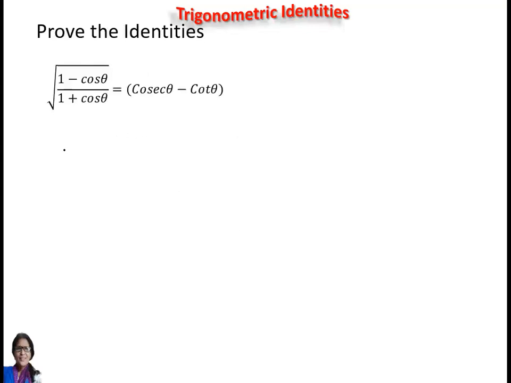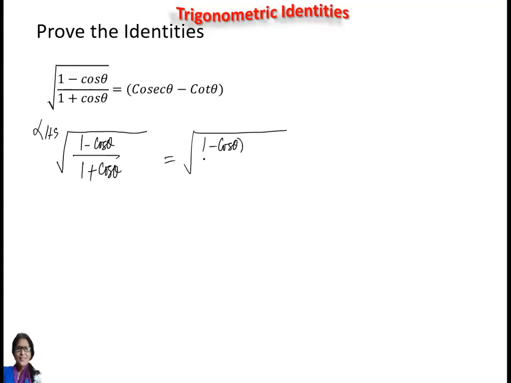Another question of similar type. So I am doing very quickly. 1 minus cos theta by 1 plus cos theta. This is LHS. I'll multiply with conjugate. So 1 minus cos theta will be multiplied in both the numerator and denominator.